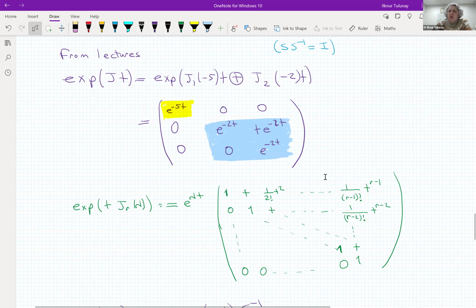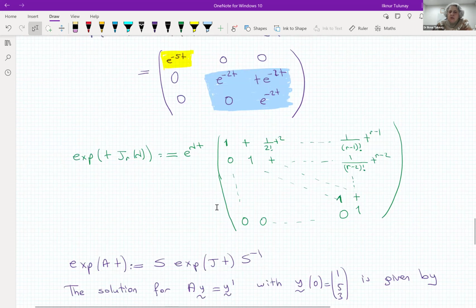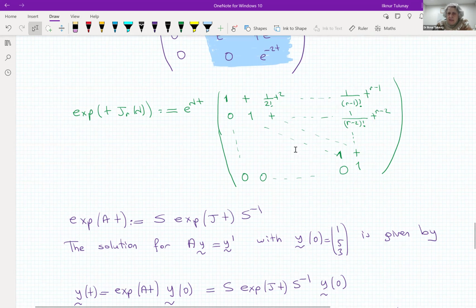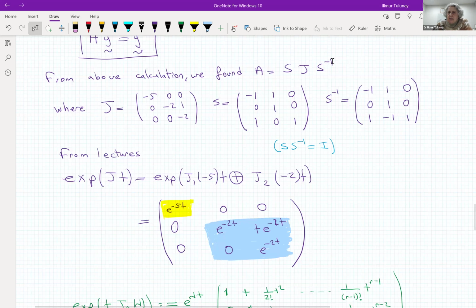So that one and that one. Okay, so we have exponential Jt, which is that matrix here. This is also given in the lecture. So exponential At is defined by S exponential Jt S inverse, given that A is equal to S J S inverse.